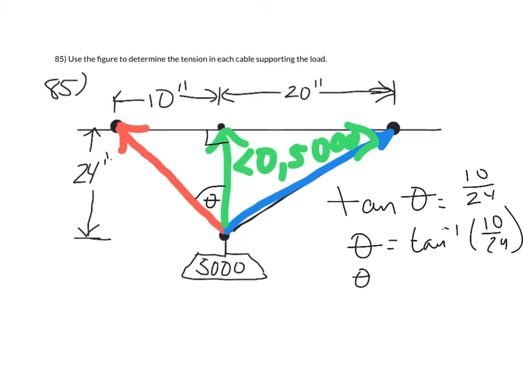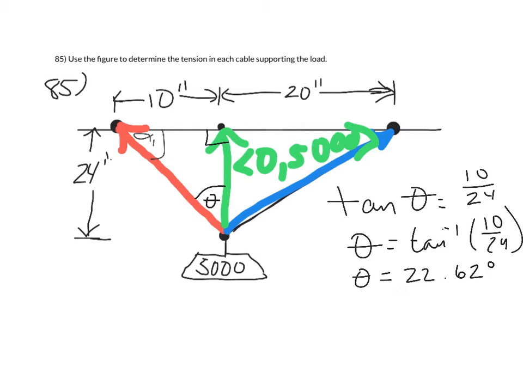And we know that the inverse tangent of 10 over 24 is 22.62 degrees. Now, because we know that's 22.62 degrees, I can also say this angle right here that I just drew in, let's call that alpha 1, is going to equal 90 minus 22.62.